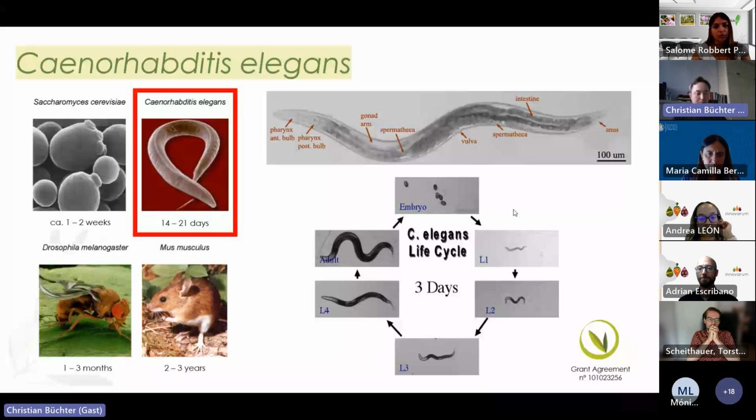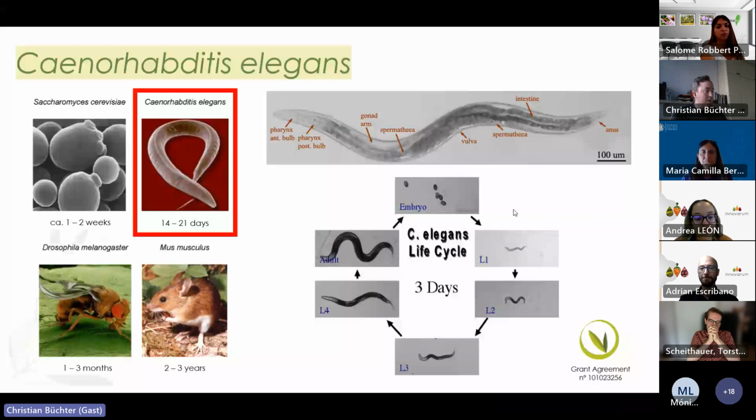And what's also very interesting, especially for aging research, is that C. elegans has a very short lifespan of around 3 weeks. That's closer to some unicellular model organisms like yeast than other more complex organisms like Drosophila or mice.